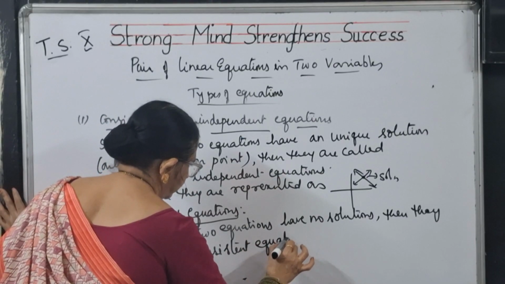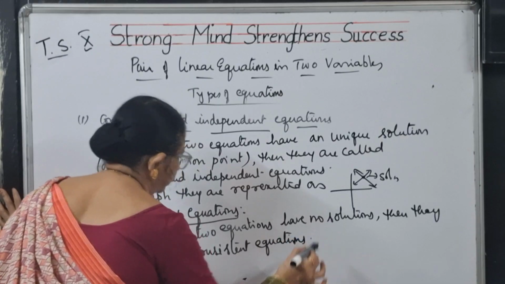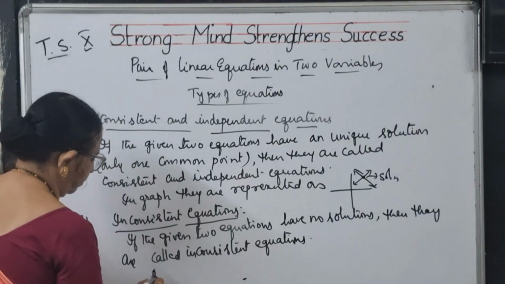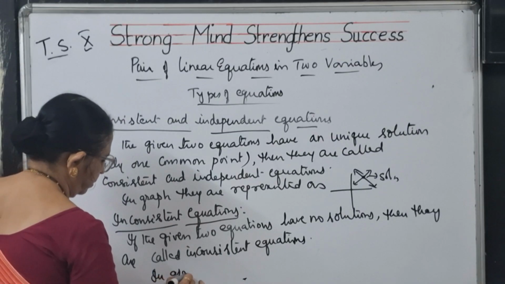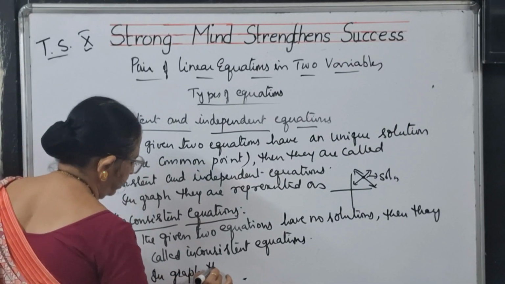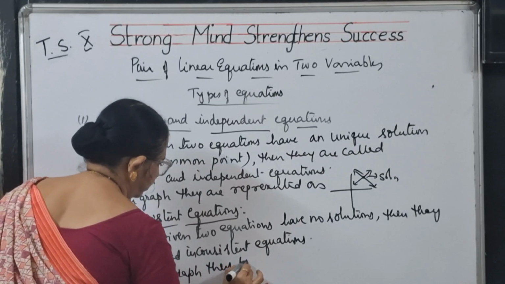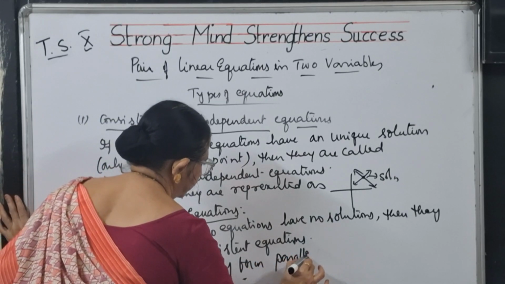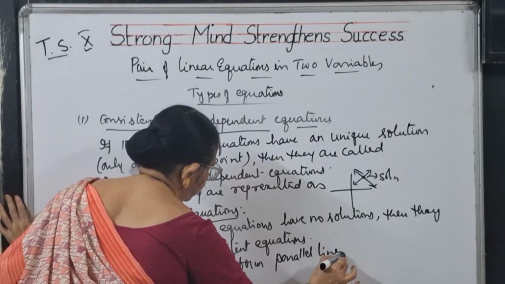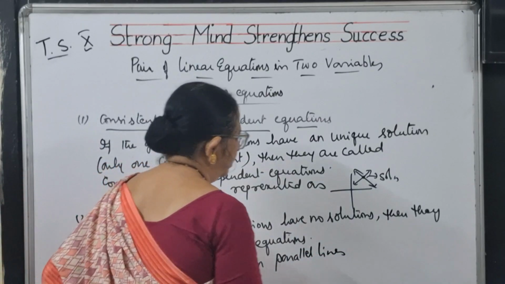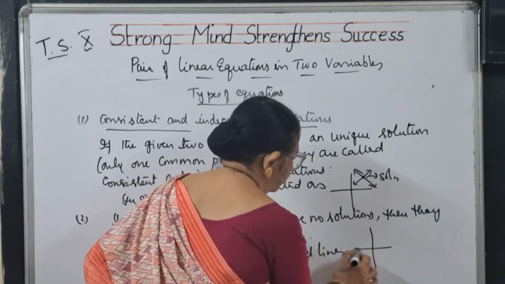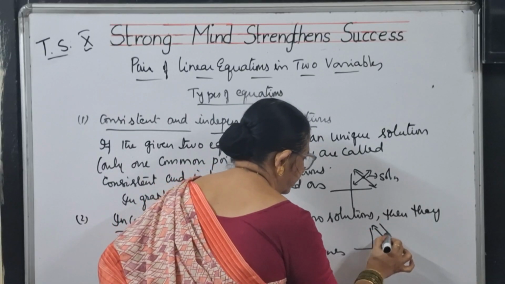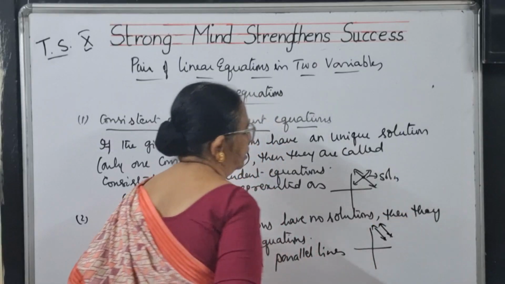These inconsistent equations, in the graph, form parallel lines. Why? Because no common point is there. So if you take the x and y axes, the two lines are parallel to each other.